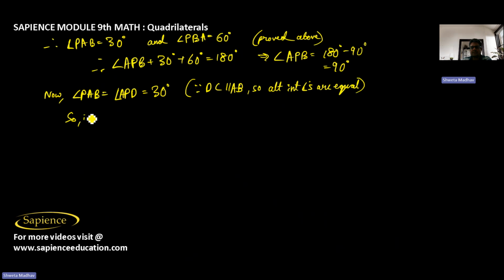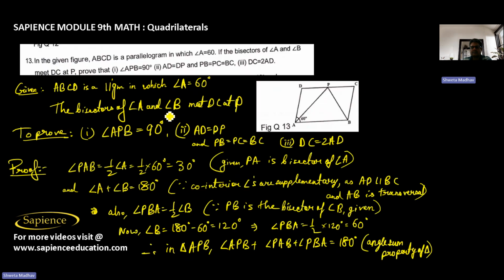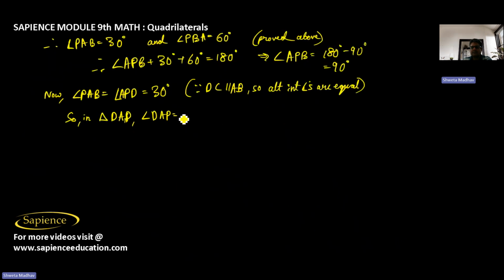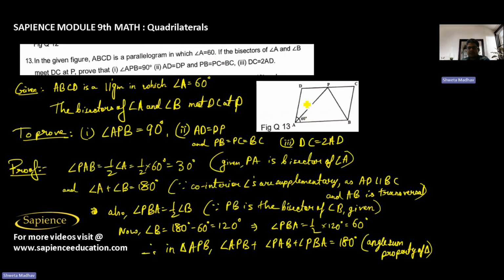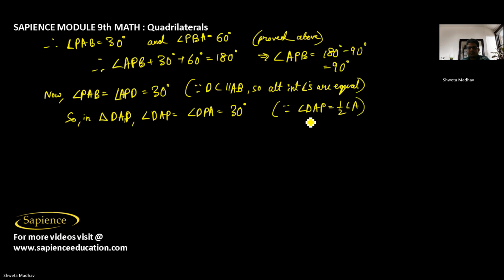So I can see that in triangle DAB, angle DAB equals angle DPA, that is 30 degrees. Since angle DAP is also equal to half of angle A, since P is the bisector of angle EAD.